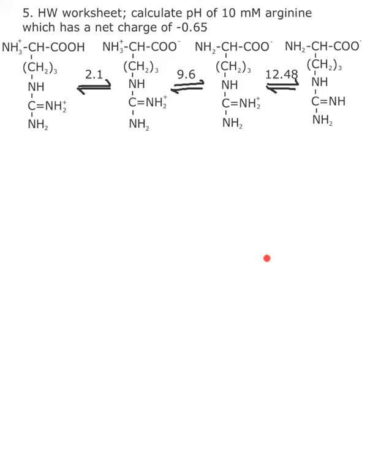So number 5 from the worksheet: calculate the pH of 10 millimolar arginine that has a net charge of -0.65.